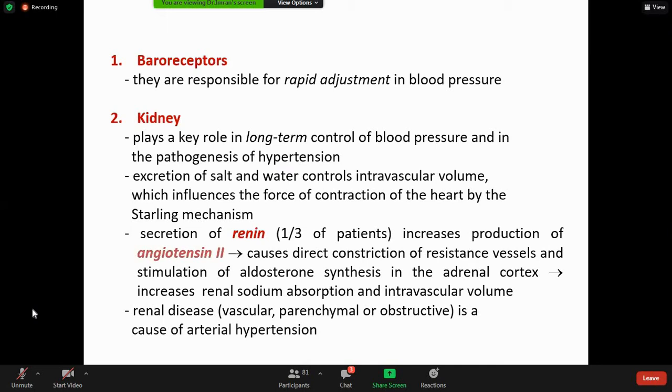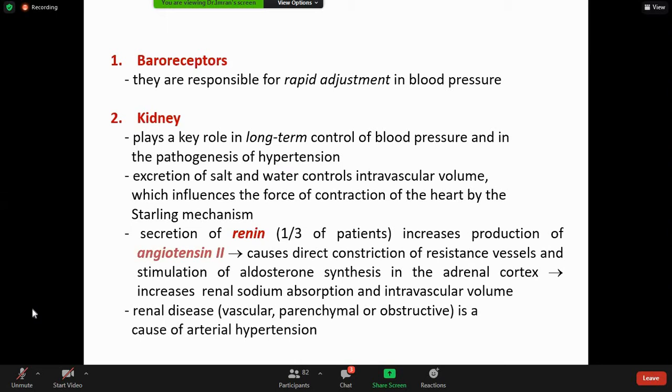And when there is no angiotensin II activity, we can prevent the constriction and we can prevent the activity of aldosterone. So when we inhibit the activity of aldosterone, there will be no reabsorption of salt and water.